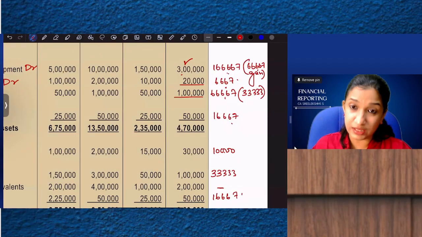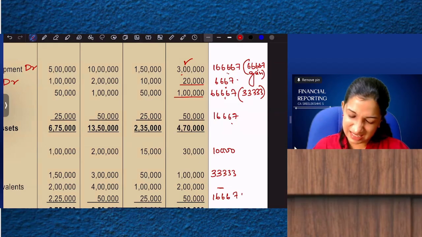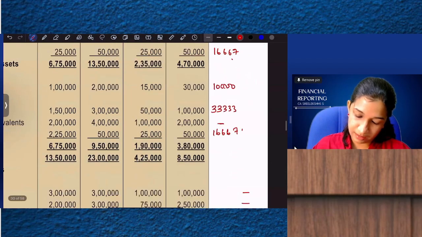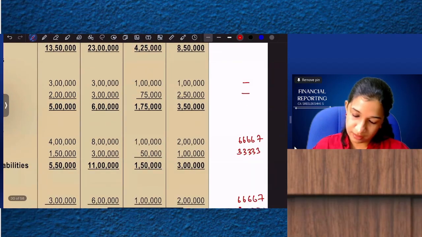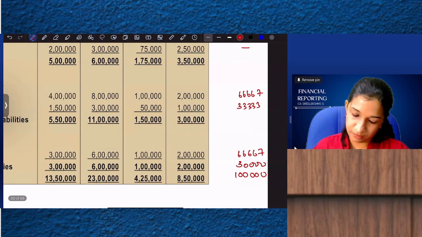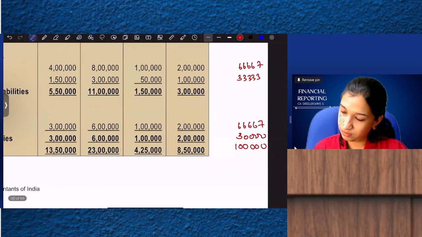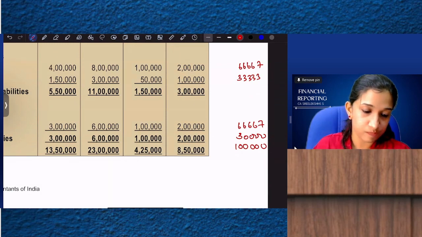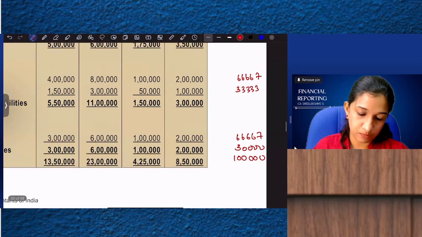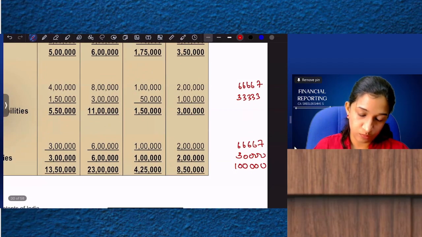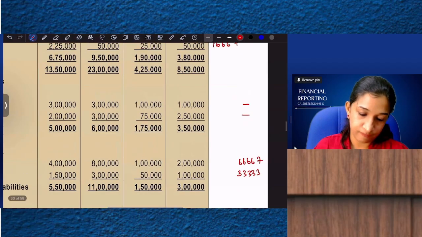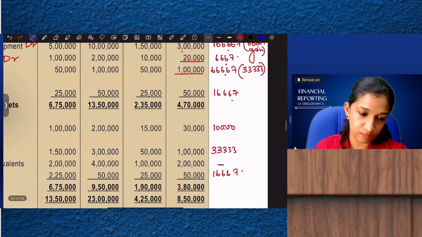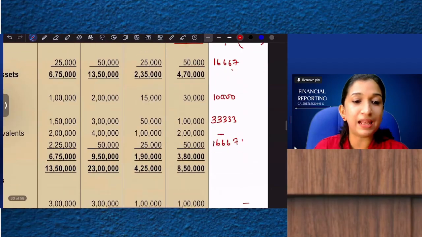1,66,667 plus 6,667 plus 66,667 plus 16,667 minus 33,333 plus 30,000. So what is the balancing figure?